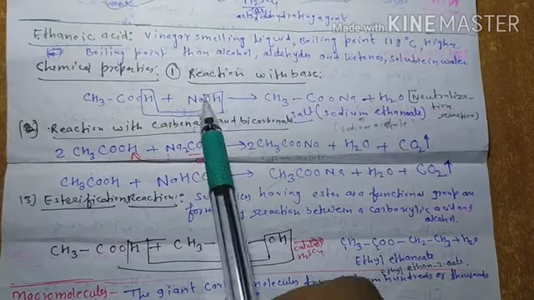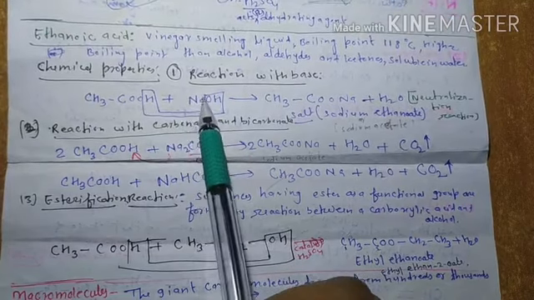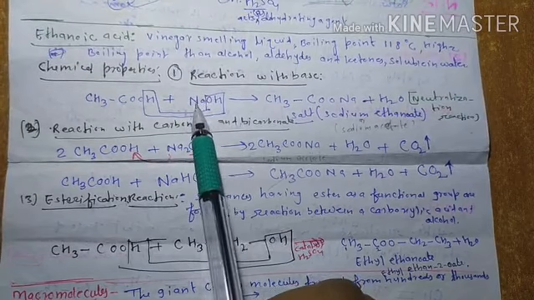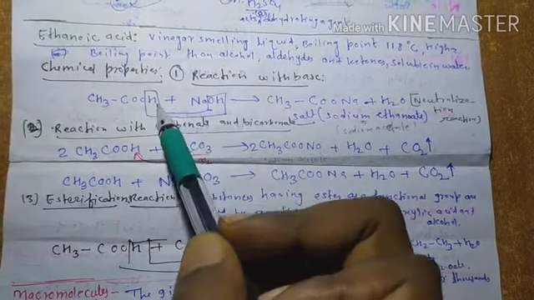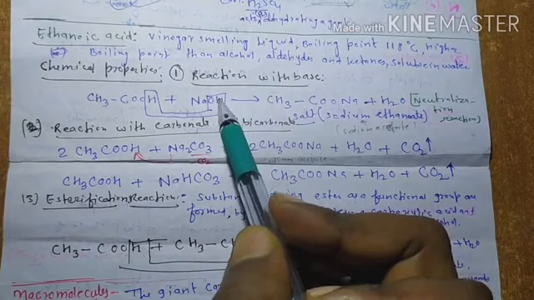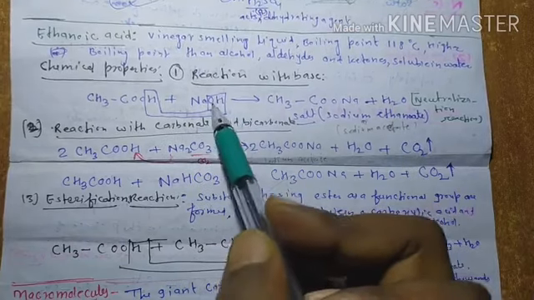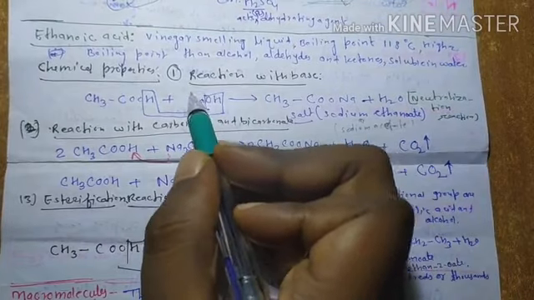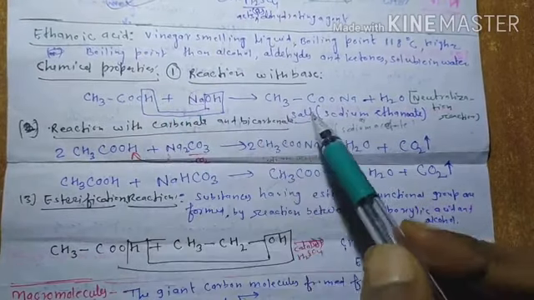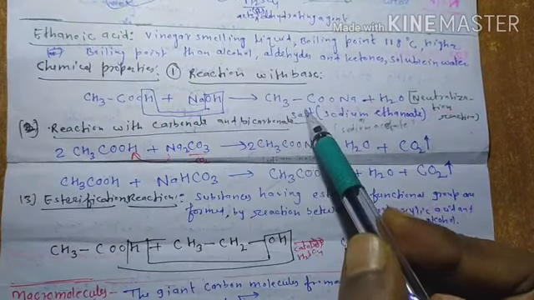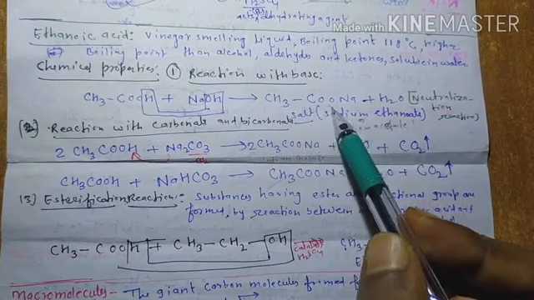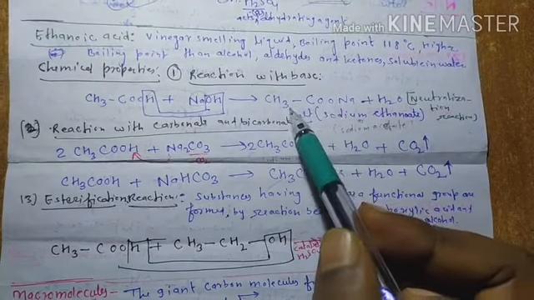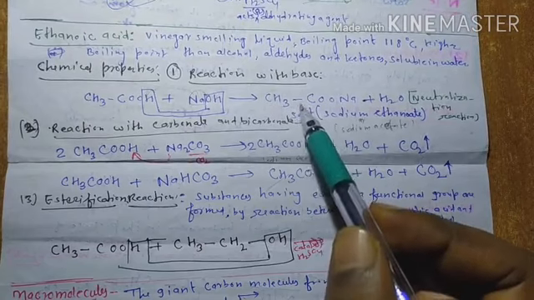And this is the trick I am giving you to remember the reaction: simply the sodium atom comes in the place of hydrogen. So this is sodium ethanoate, the salt. This is the neutralization reaction.